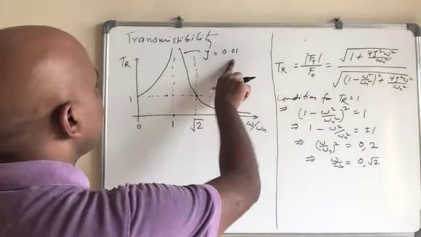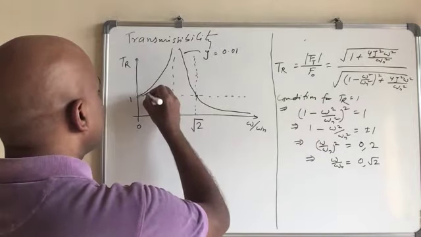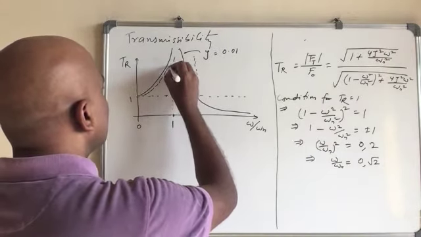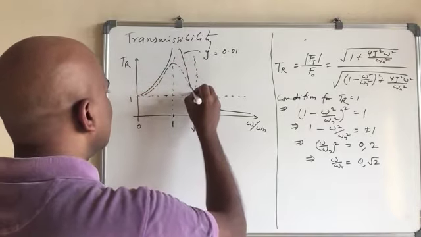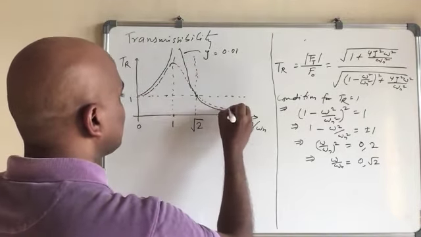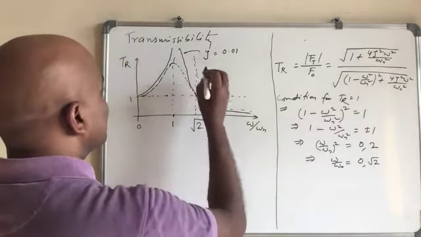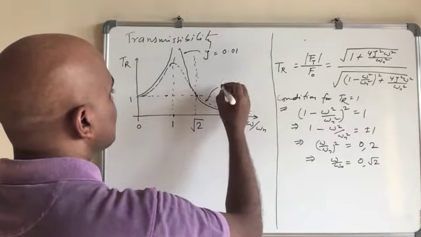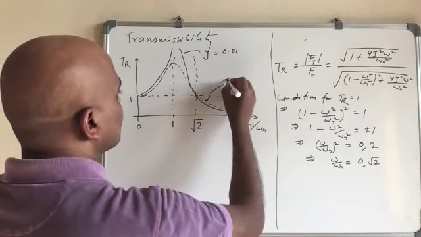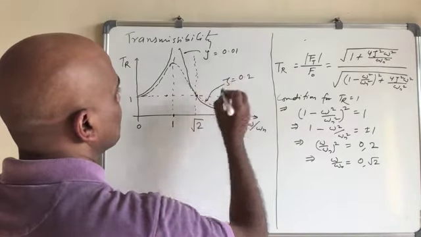If you increase zeta, then what happens? You can plot yourself. This will go here, and it will occur maximum here, then it will come down, and then it will go something like this. Okay. So let us say this is zeta equal to say 0.2.